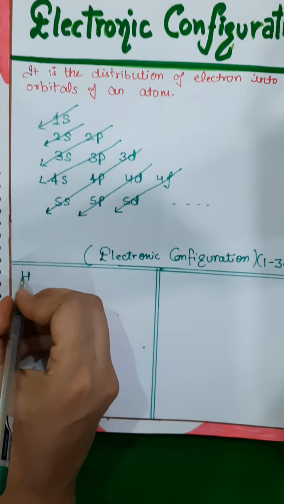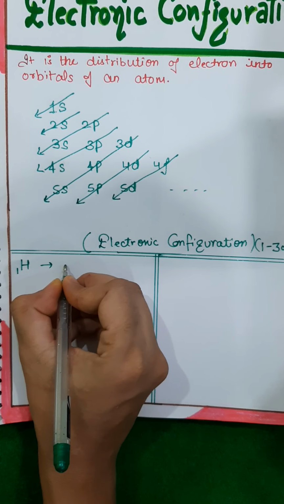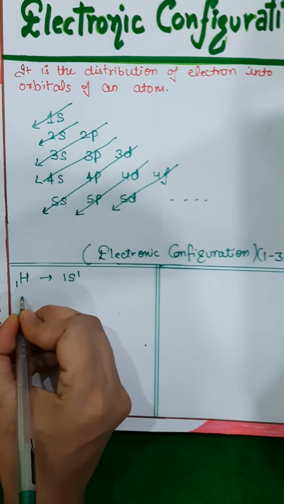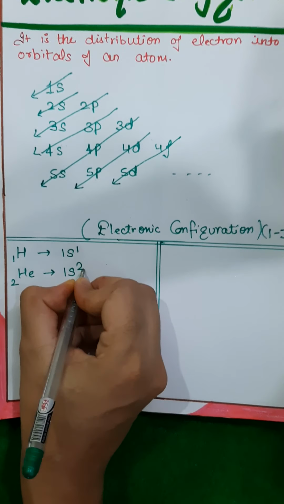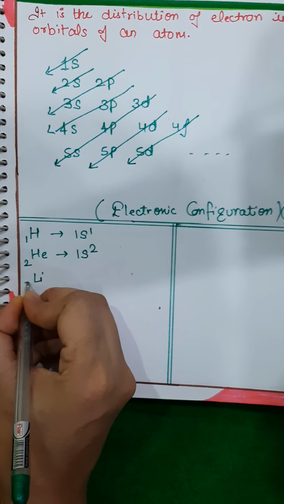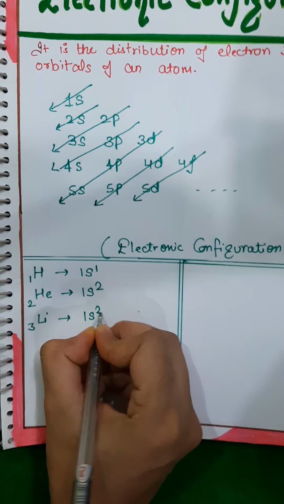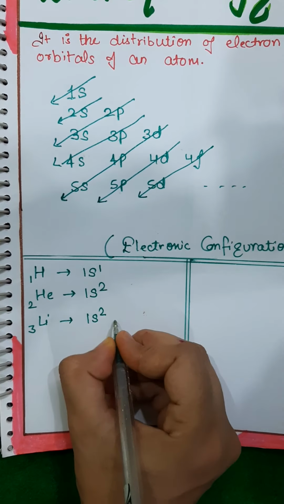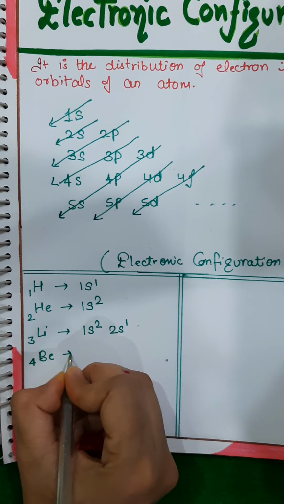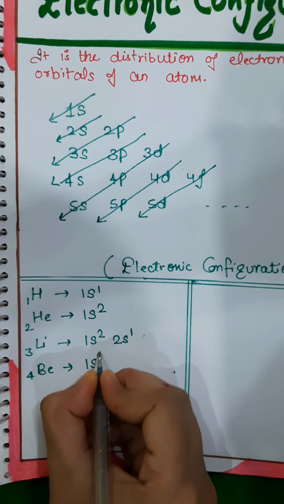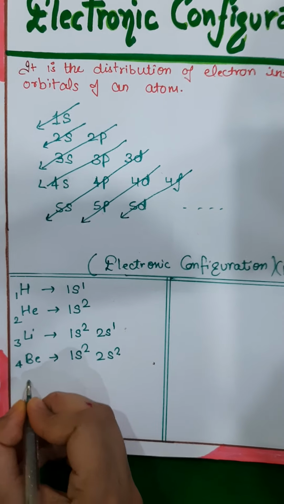Hydrogen 1, it means 1s1. Helium 2, 2 electrons. Lithium 3, it means 1s2 and then 2s1. Beryllium, fourth element, 1s2, 2s2.